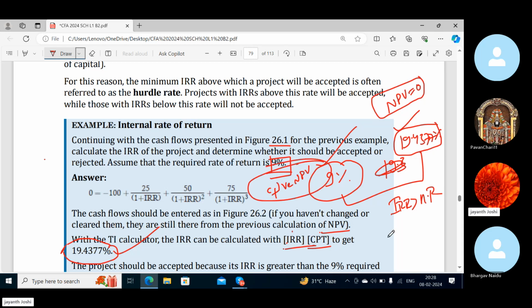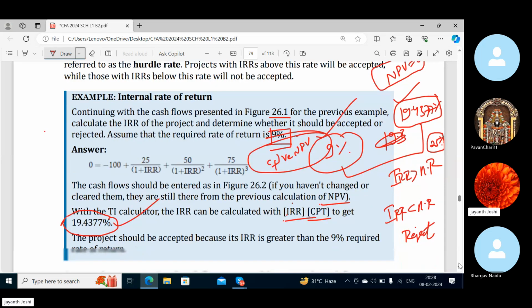And if the IRR is less than the hurdle rate, let's say your hurdle rate is 25%, and your IRR is less than your hurdle rate, you reject the project. Why? Because your IRR will give you 0 NPV, but 25% can give you negative NPV, because of more discounting. So you reject the project.